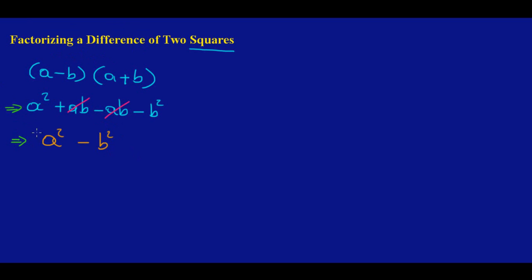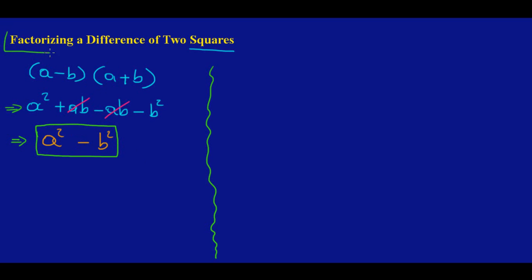Look, this is a difference of two squares, a square term here, and it's being subtracted by another square term. So when we multiply a difference of two squares and expand the brackets, we get a difference of two squares to now factorize.